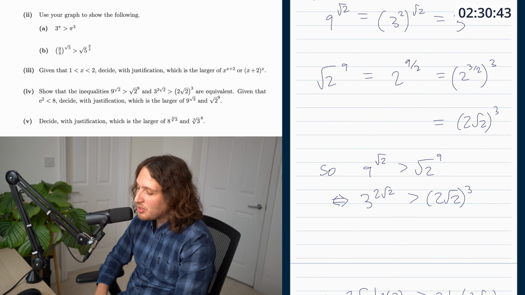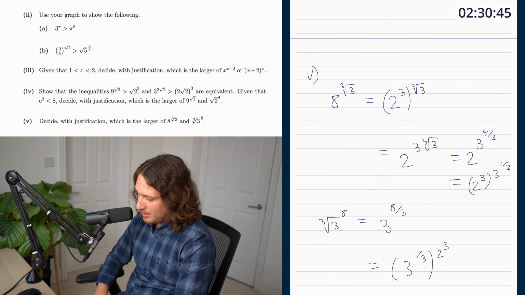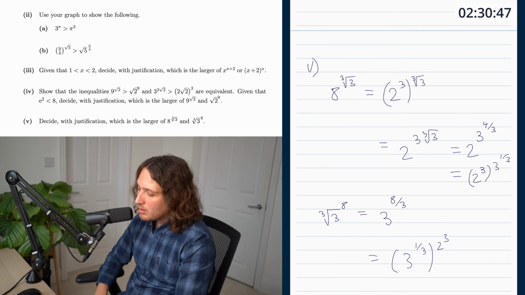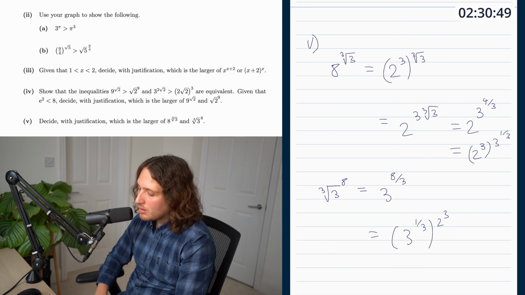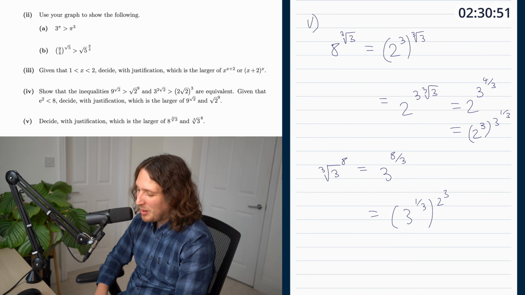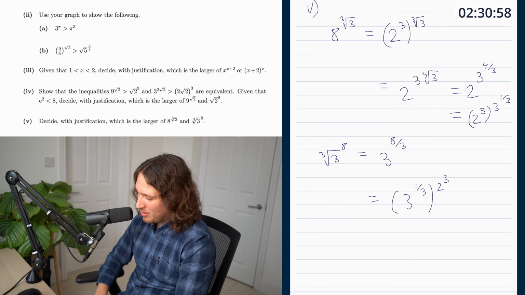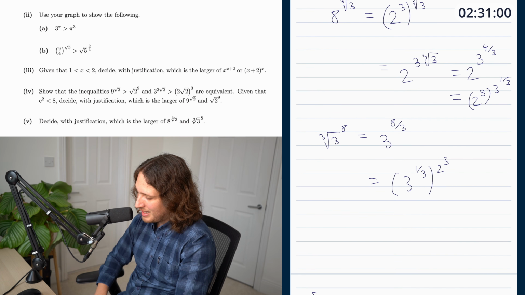I've probably just done something stupid. Checking this law of exponent stuff again, just because it's such an easy thing to get wrong in principle. I don't see anything wrong with it.